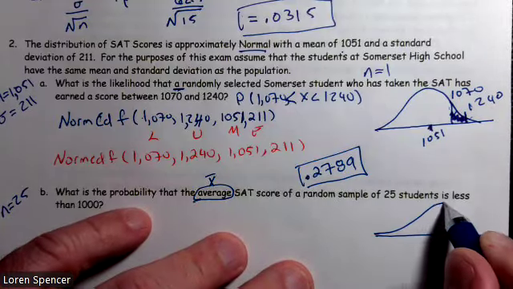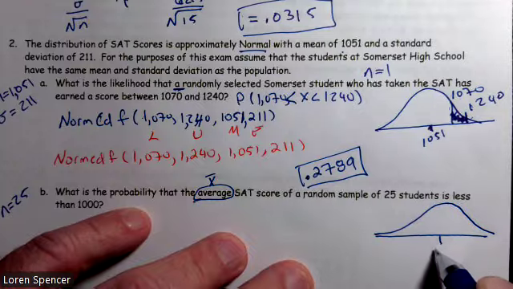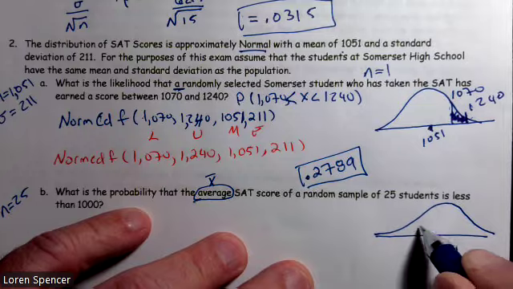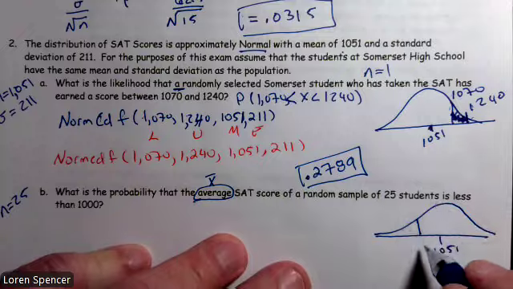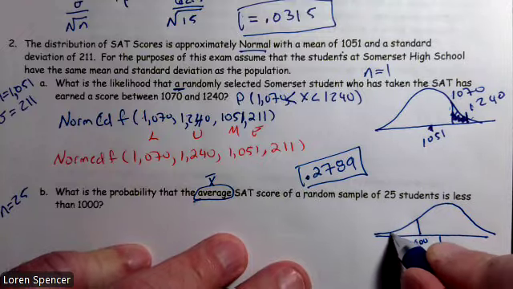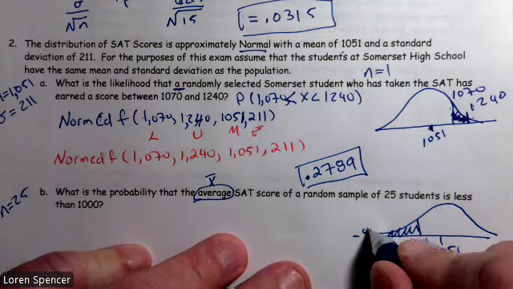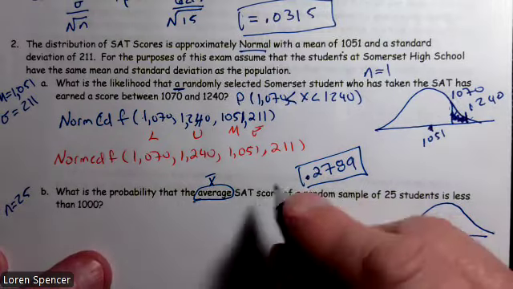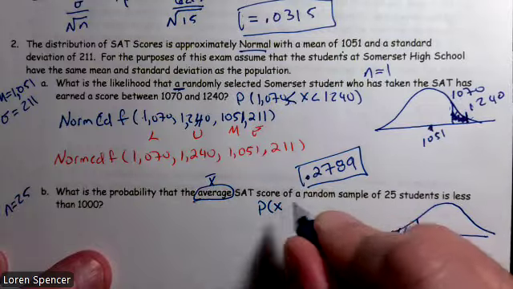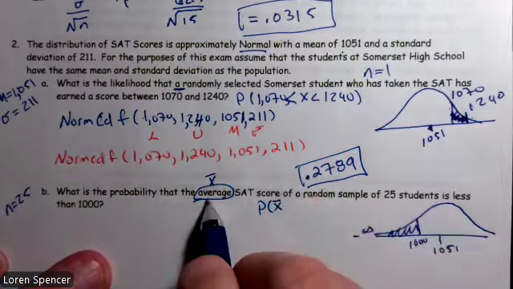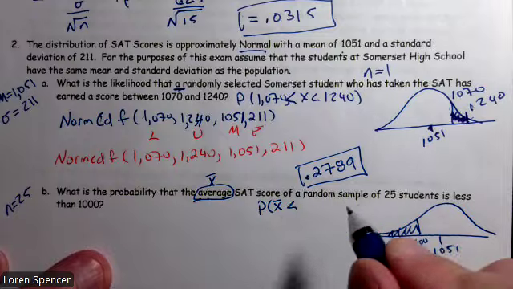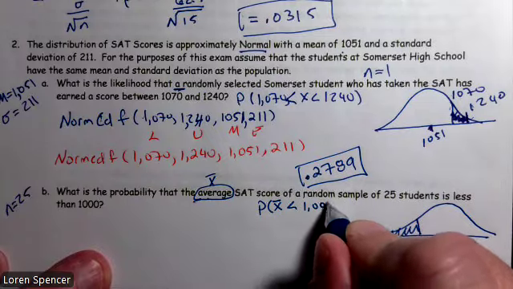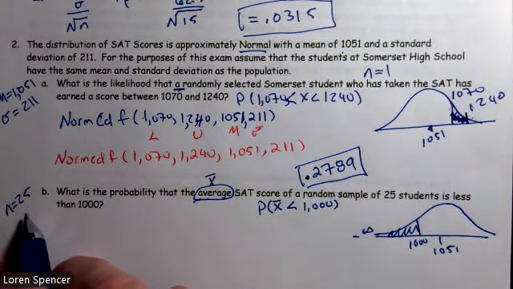Our picture is centered at 1051, and we want to know the likelihood that it's less than 1,000. So that goes to negative infinity. So the probability that X bar, because it's the average, is less than 1,000, and we have a sample size of 25.